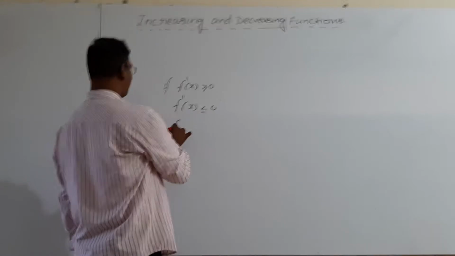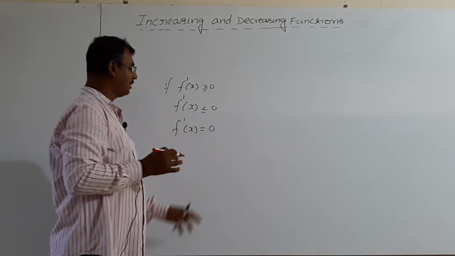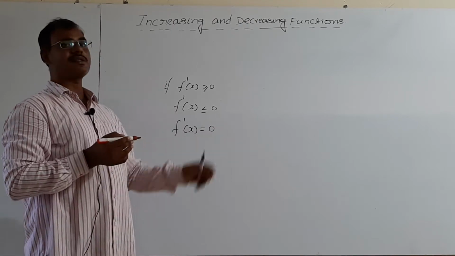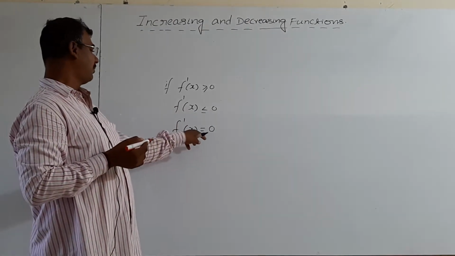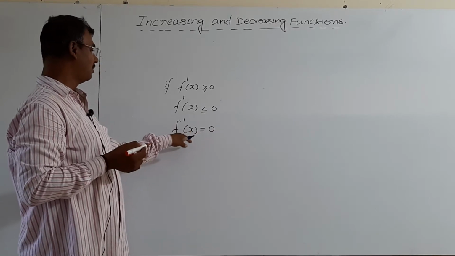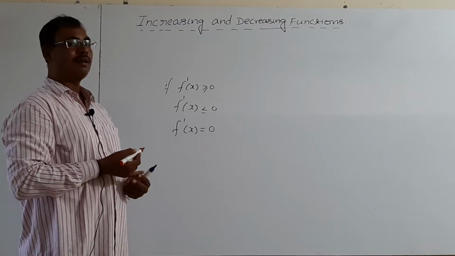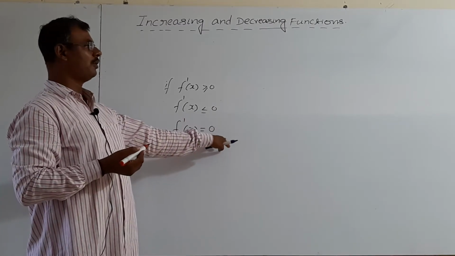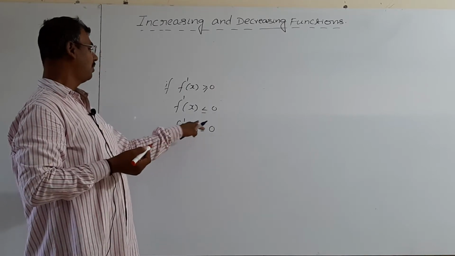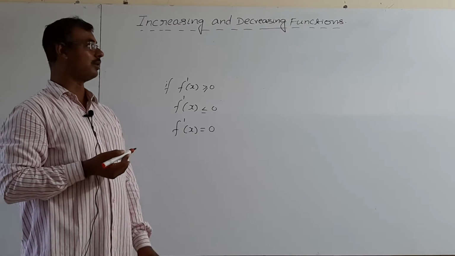If f dash of x is equal to 0, what do you say? It is called a stationary function. So if f dash of x is equal to 0, then it is called a stationary or critical point. To find the critical point of a function, we have to use the first derivative equal to 0.